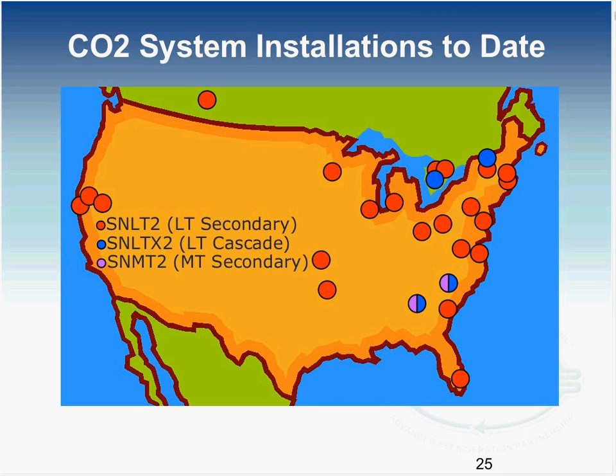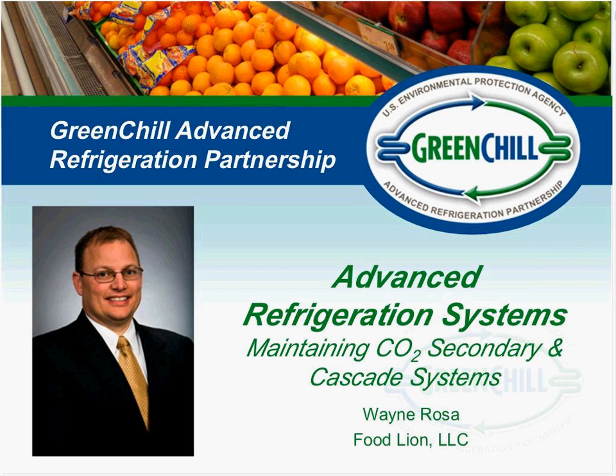So this eliminates all of the refrigerant out in the store. There's no glycol or no primary DX refrigerant. All of the store refrigeration is done by CO2, and low temp is Cascade, and the medium temp is using CO2 as secondary fluid. So with that, I'm going to turn it back over to you.